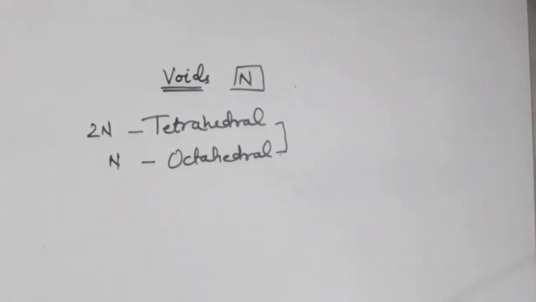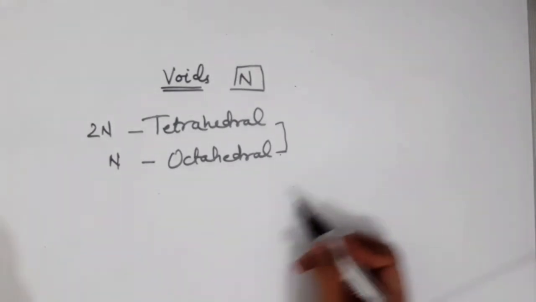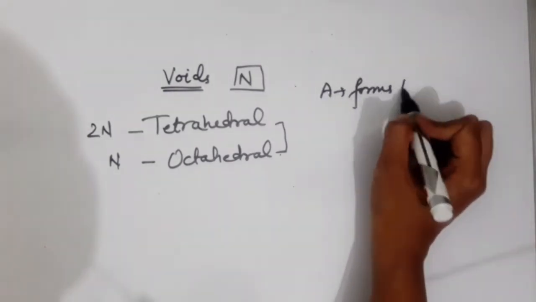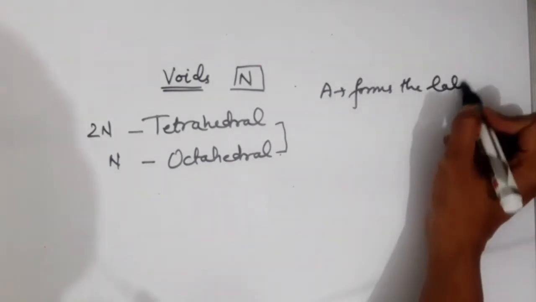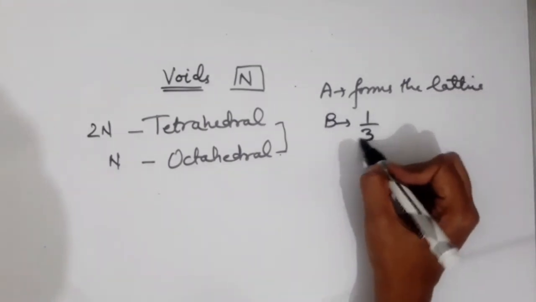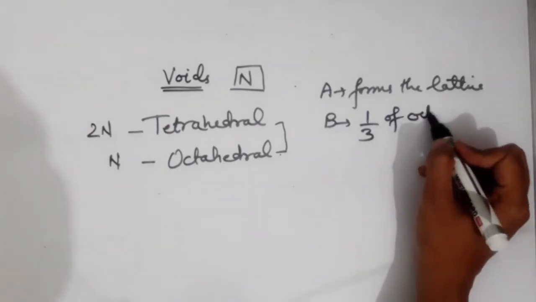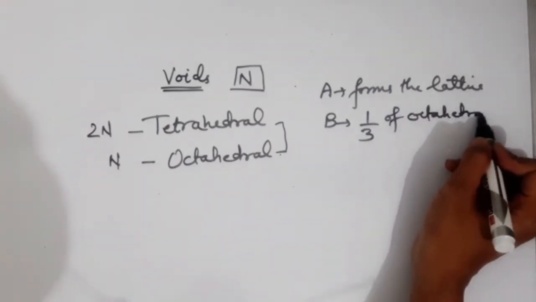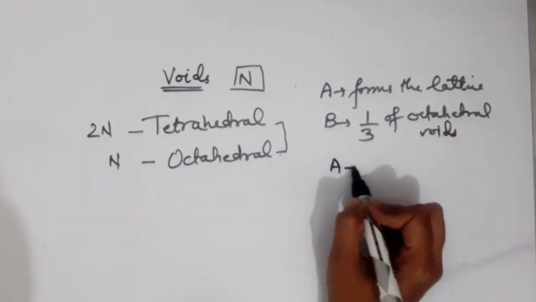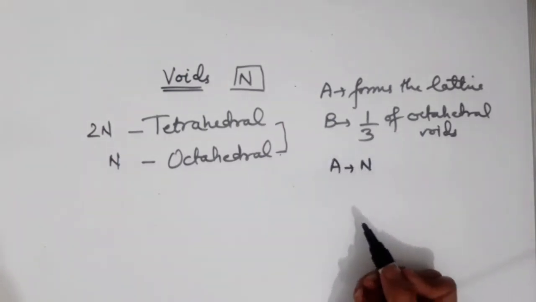Similarly, if you are given another question where A forms the lattice and B occupies 1/3 of octahedral voids. As you know, if A forms the lattice, the number of atoms of A will be equal to n.